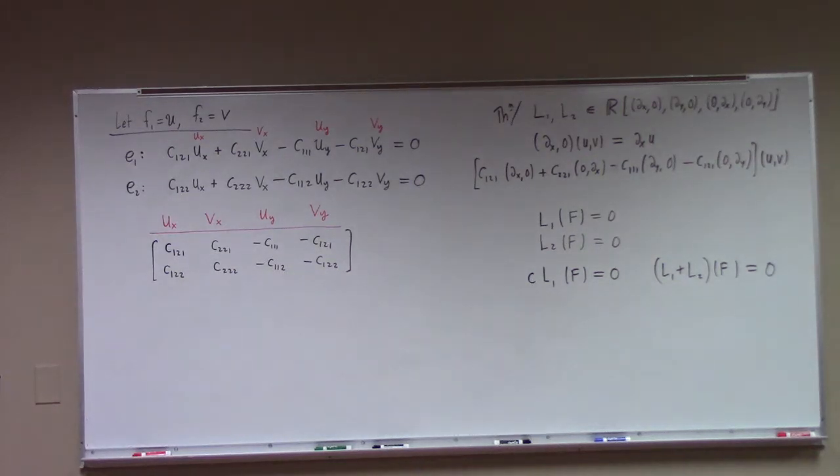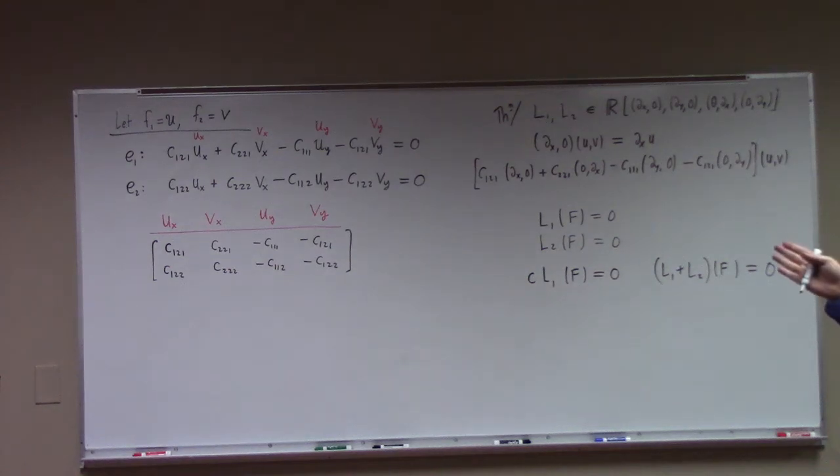Now, the question is, is it the same solution set? I'm really thinking of an if-then structure right now. I'm assuming it is a solution for the given problem. It's also a solution for c times L1, or the sum of L1 and L2, which would be like adding the differential equations, which would correspond to adding the coefficients, right? So how can you go the other way? Well, you can go the other way because elementary row operations are reversible.